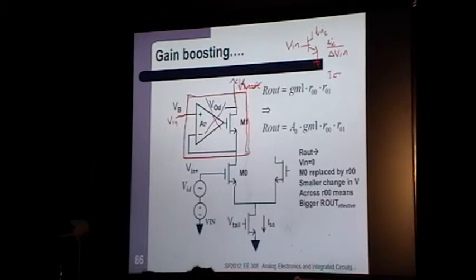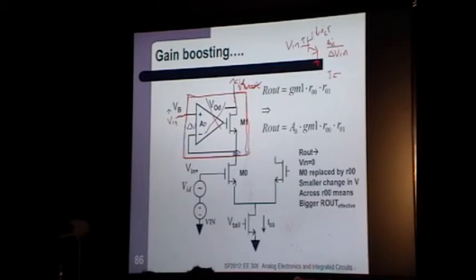Okay, so let's look at what happens here. For this example up here, you just move V in up and IC goes up. Let's do the same thing here. Let's move V in up just a little bit, and let's say this node right here doesn't change. So however much I change V in, that's the change in V, the input to this amplifier right here.